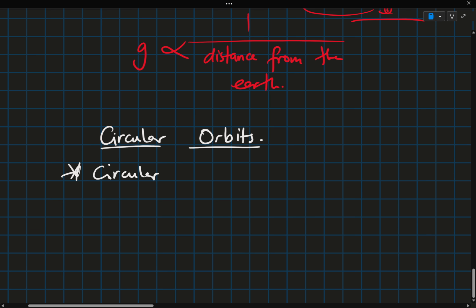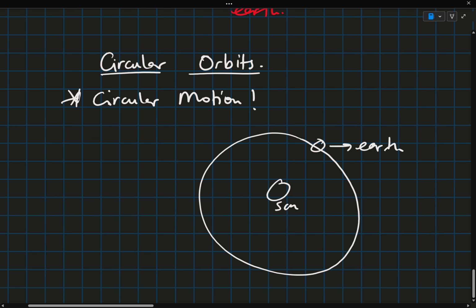For an object like the Earth to stay in circular orbit around the Sun, or a moon around a planet, the centripetal force needed to maintain its circular path must be provided by the gravitational force.